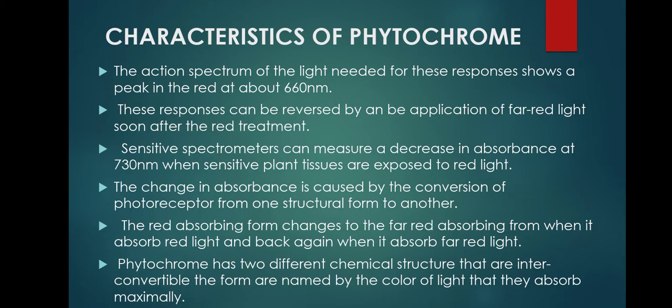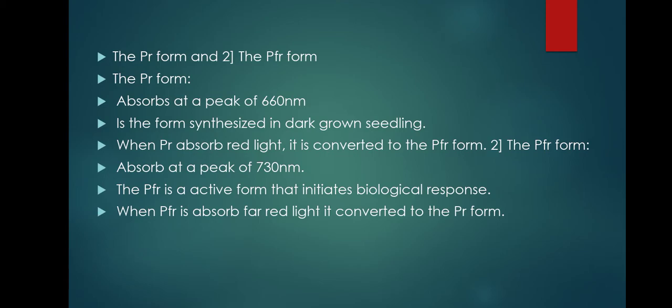These two interconvertible structures are Pr and Pfr. Pr absorbs red light and Pfr absorbs far-red light. The Pr form absorbs at a peak of 670 nanometer and is synthesized in dark-grown seedlings.